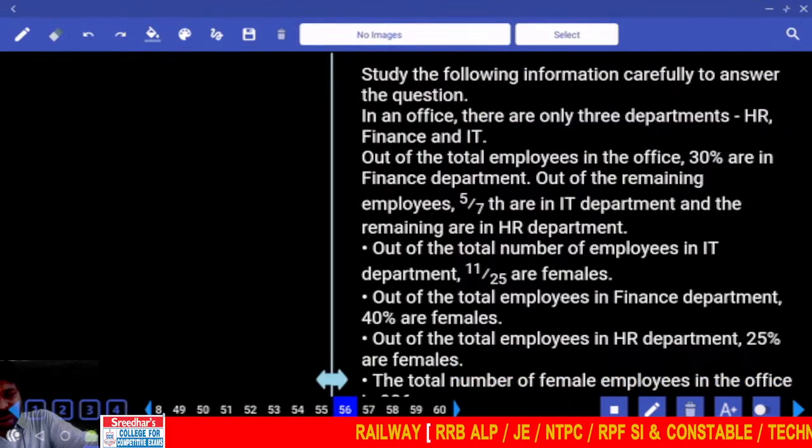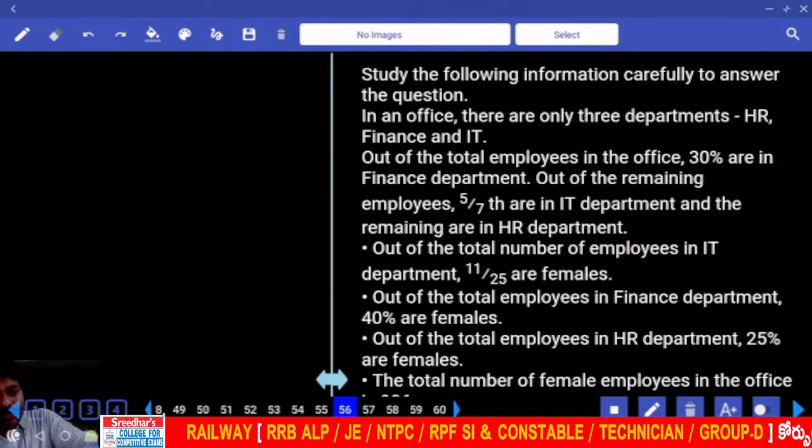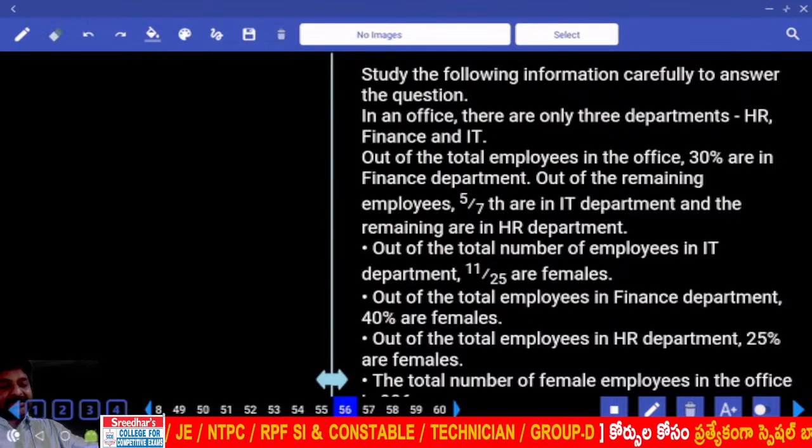In an office, there are only 3 departments: HR, Finance and IT. Out of total employees in the office, 30% are in the Finance department.